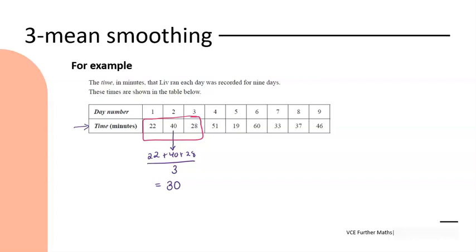If I was to continue along the line here, my next group of 3 would be day 2, 3 and 4. And here my answer would go in line with day 3. Again, 40 plus 28 plus 51 divided by 3, and I get a rounded value of 40 there.